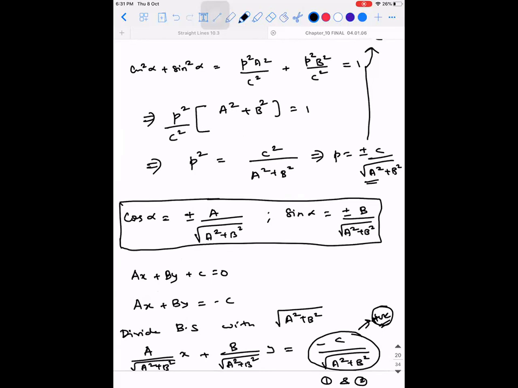Sir, if the RHS value should be positive, that means c should be negative, no, sir? That depends, because you're going to divide with plus or minus. When we solve the problem, we'll see how to take it.